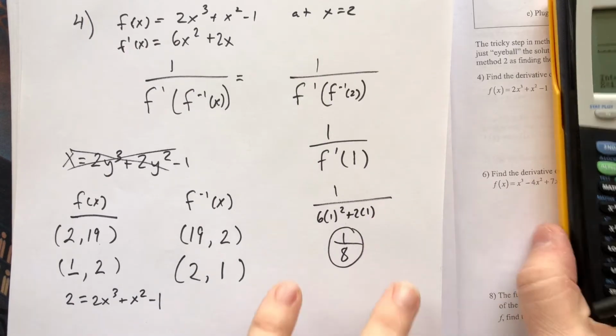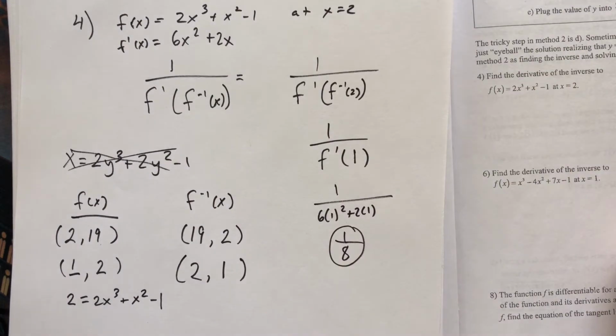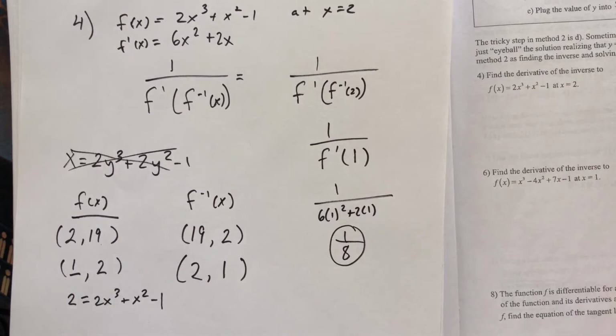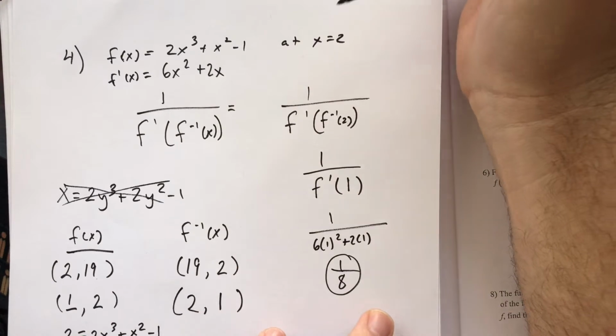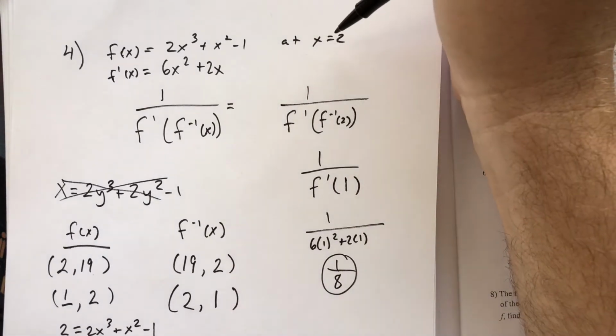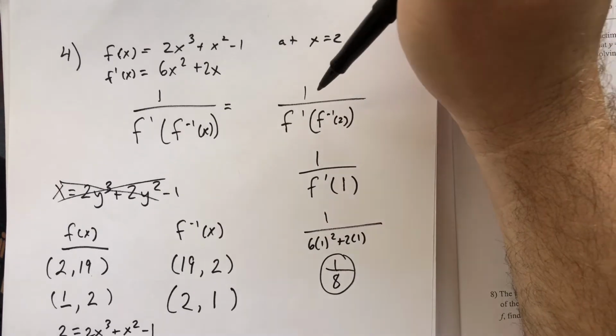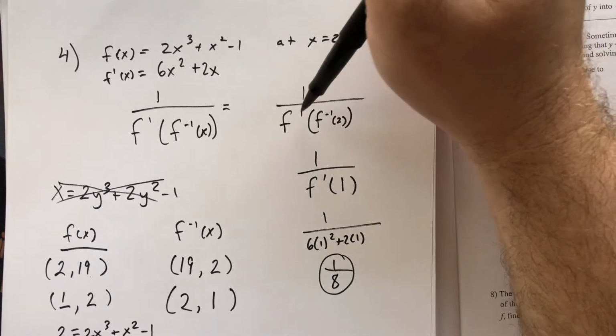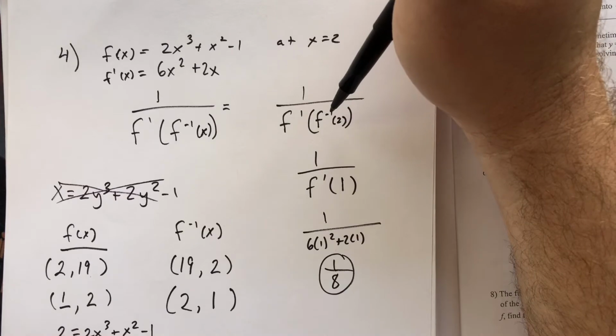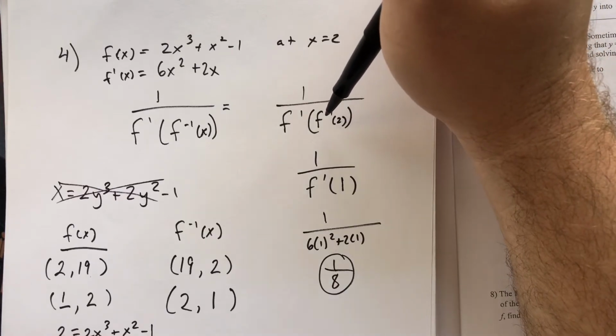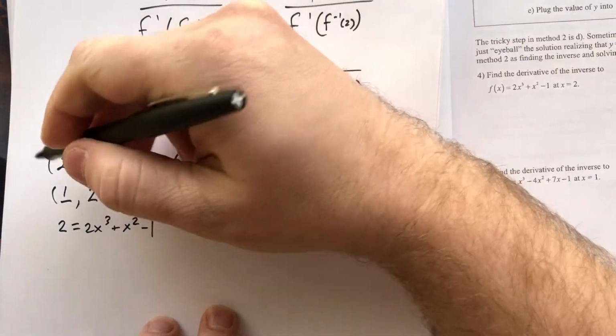So let's talk through the process. What did we do? And it might help to take some notes for yourself. So the first thing we did was we wrote out our formula, and I used f prime, then f inverse, in that order. Then we didn't have to do this part.